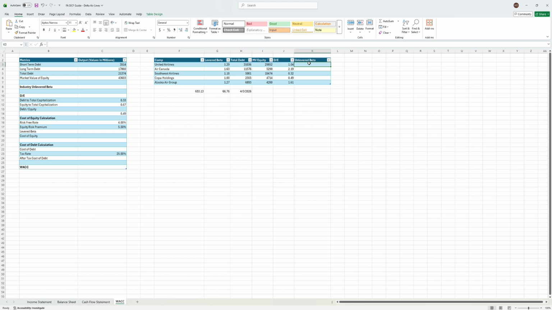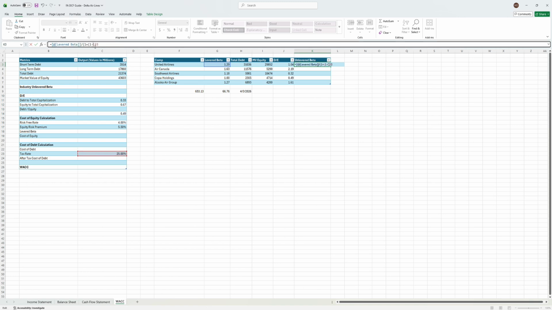So for unlevered beta, that formula is going to be, we're going to take our levered beta for our company. We are then going to divide this. I'm going to do 1 extra parentheses right here. But we're going to do 1 plus 1 minus the tax rate.